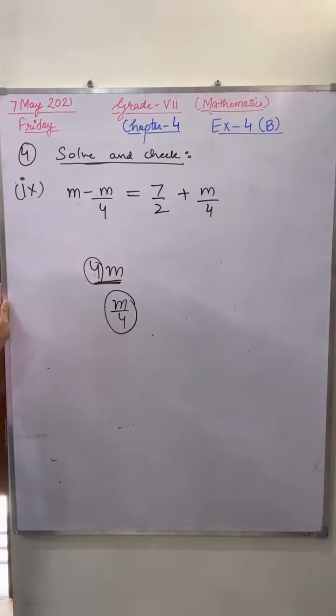You have only shifted the variables to the left hand side. Now take the LCM, I'm writing 1 in the denominator.